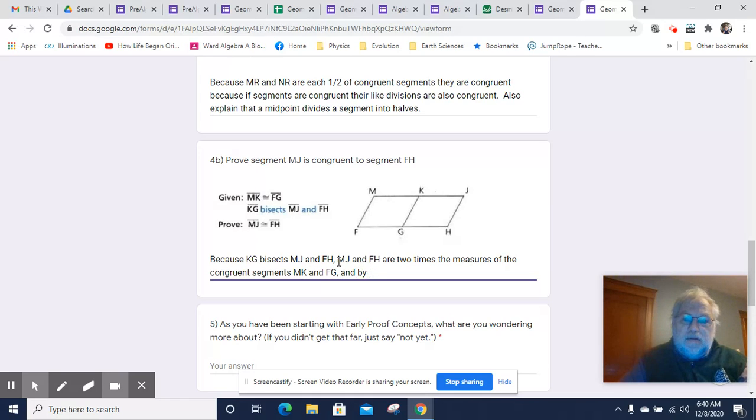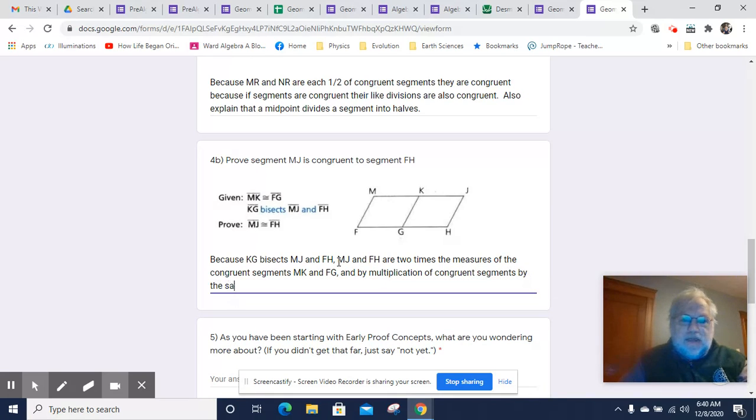And by multiplication of congruent segments by the same factor, MJ and FH are also congruent. Okay, I hope that gives you what you need.